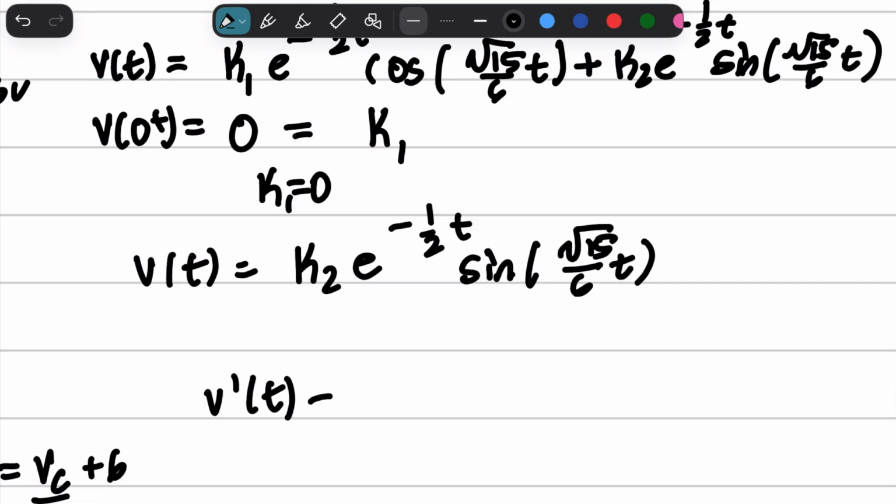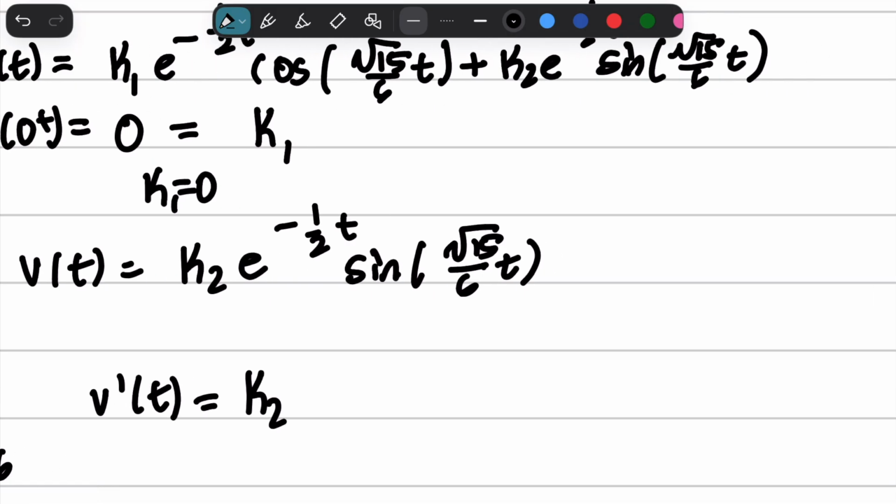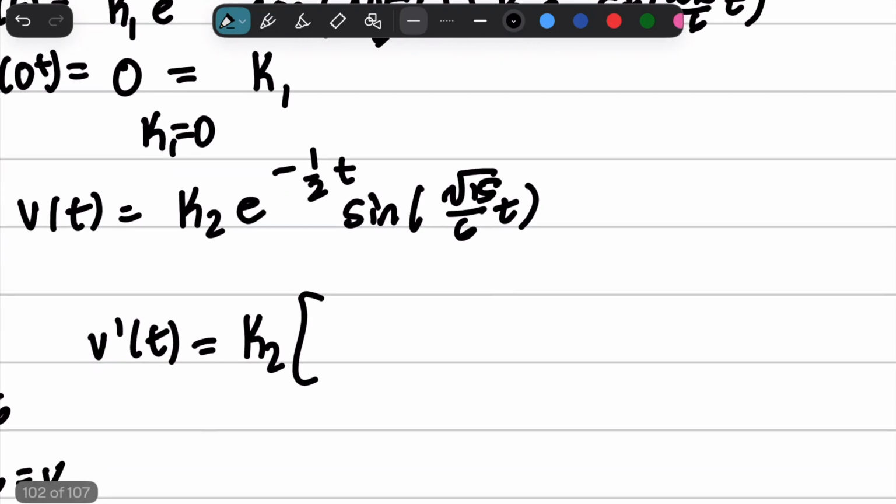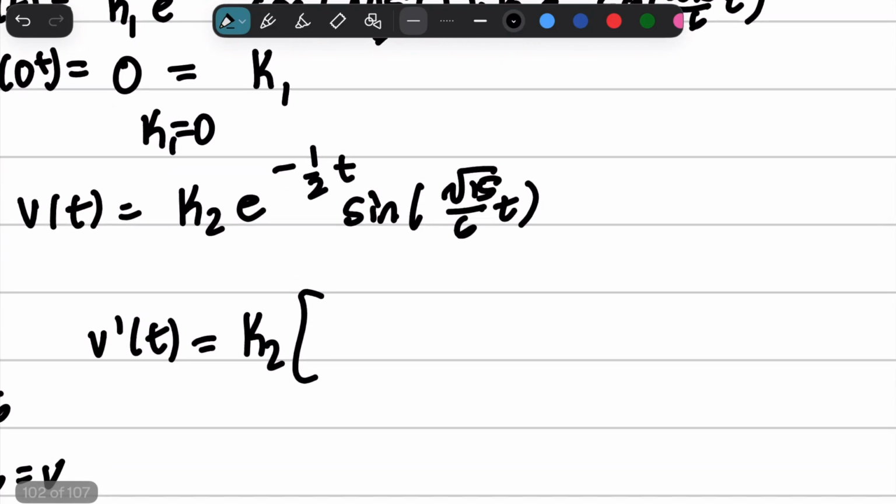So v prime of t is equal to k2. Now, remember what's going on here, doing the product rule. We are going to take the derivative of the e first and hold sine constant.